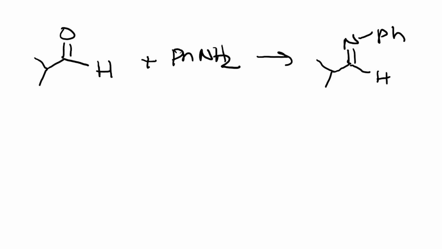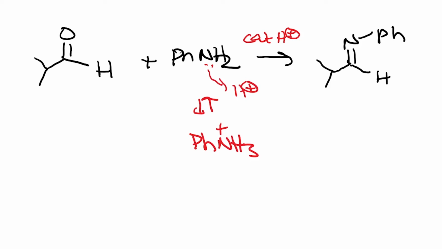When you add these two reagents together and you add a catalytic amount of H+, you can suggest that this NH2 is clearly the better base, so it's going to pick up a proton, and it will be in equilibrium with PhNH3+.